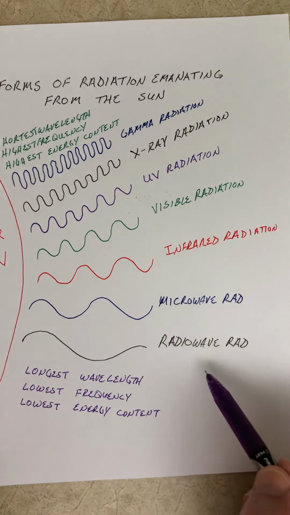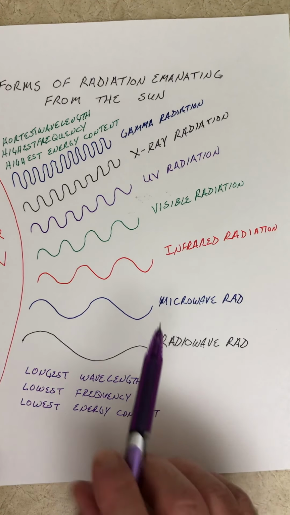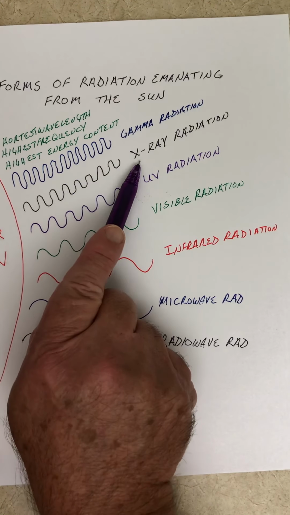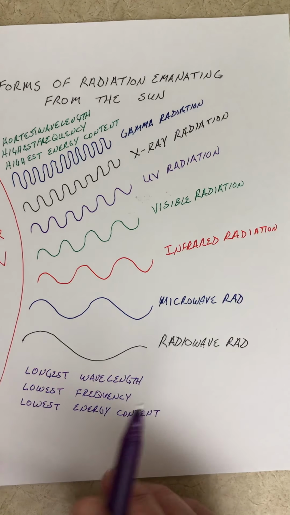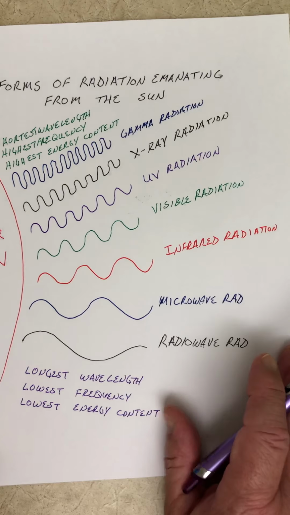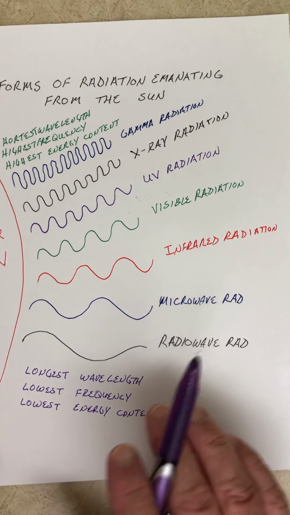Okay, there's one more thing I want to mention, so I'll move this over a little bit. So the sun emits 7 forms of radiation, but again, I don't want you to get the idea that it's 1/7 gamma rays, 1/7 X-ray, 1/7 ultraviolet, and so on. It's not, okay? The sun does emit all 7 forms of radiation, but in varying amounts.